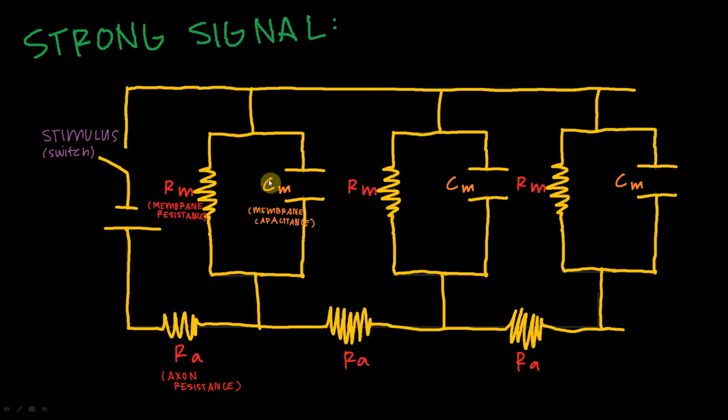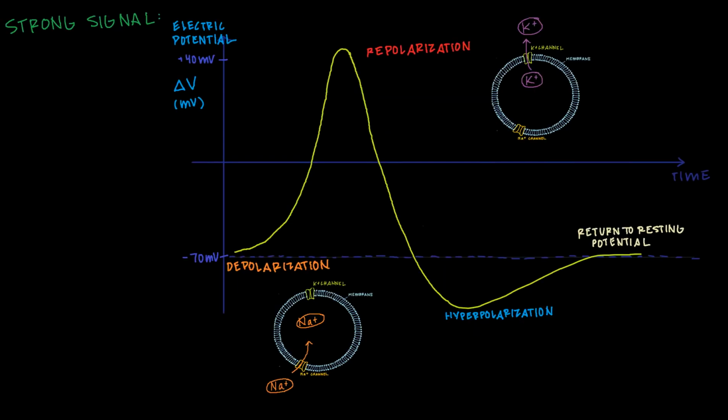Well, that's like dumping a bunch of charge into the circuit. So we close the switch, we have a huge stimulus, and it's like dumping a huge amount of water into that river. It causes the dam to fill up much faster. And when the dam fills up, when the capacitor charges really quickly, it quickly reaches a threshold value which causes depolarization to happen. So here's a graph of the action potential.